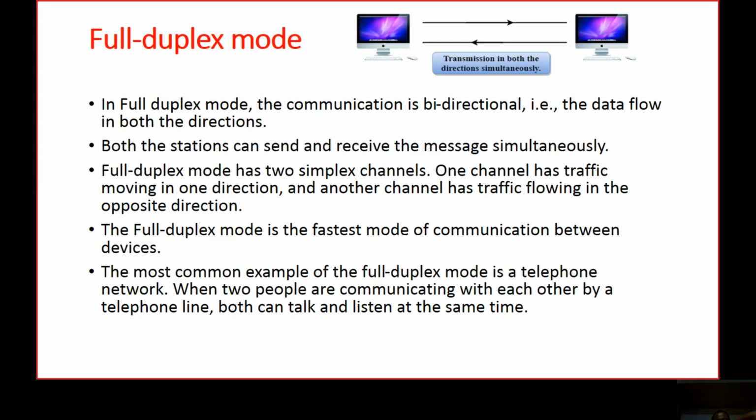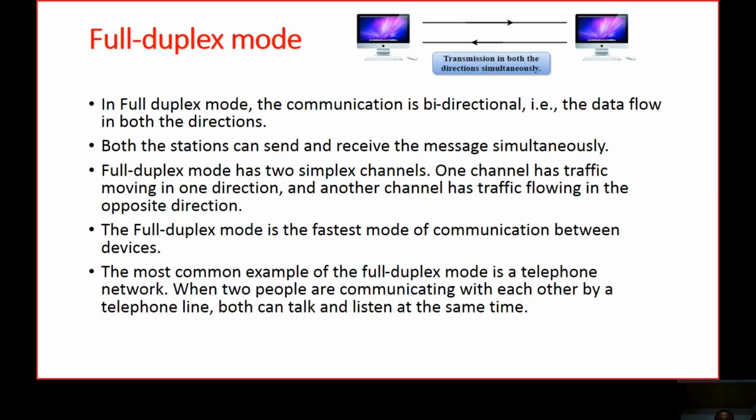It is the fastest mode of communication between devices. A common example of full duplex mode is the telephone network. When two people are communicating with each other by telephone line, both can talk and listen at the same time. So those are the differences between transmission modes.